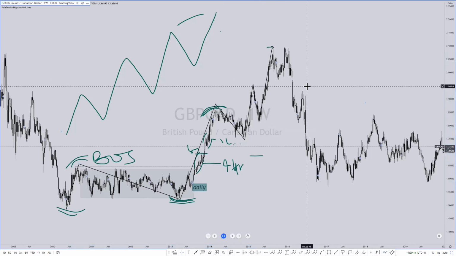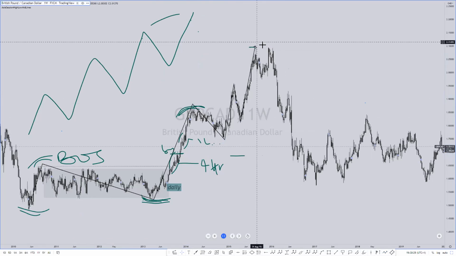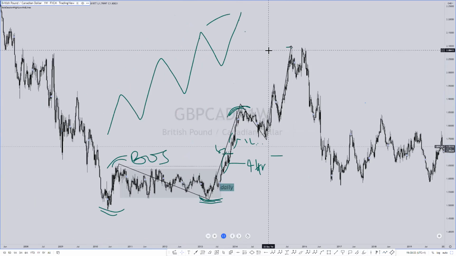So the structure range from this low to this high is weekly structure range 1. This low to this high, weekly structure range 2. But I told you guys that this one I won't like to count. So from this low again to the highest one before reversal happens is weekly structure range 3.